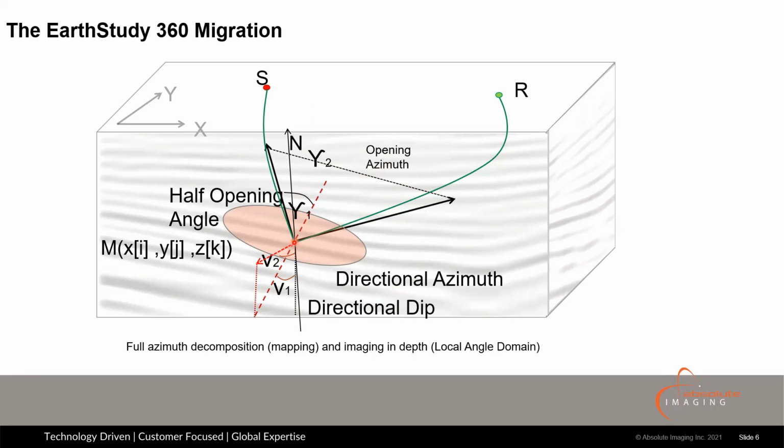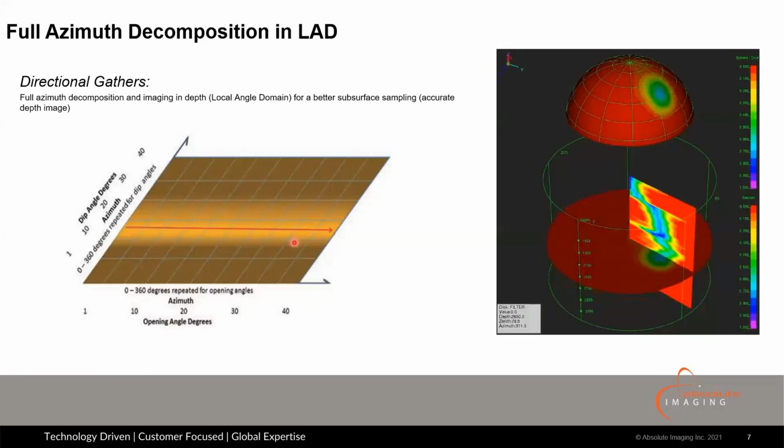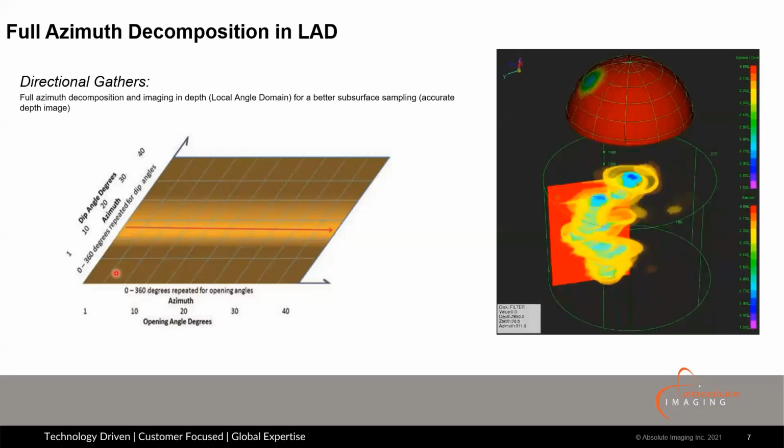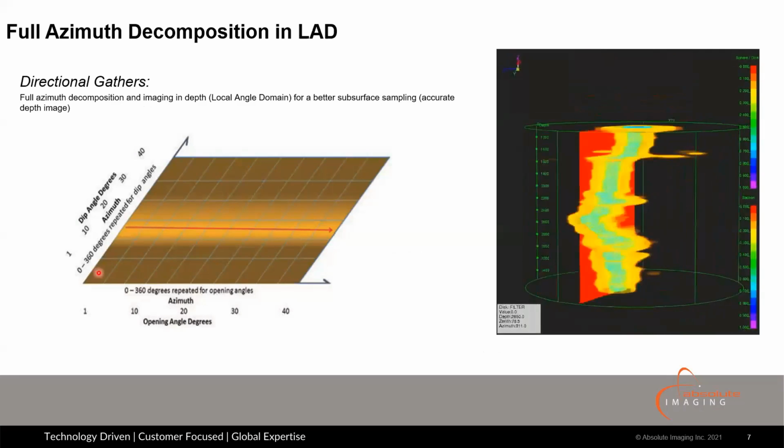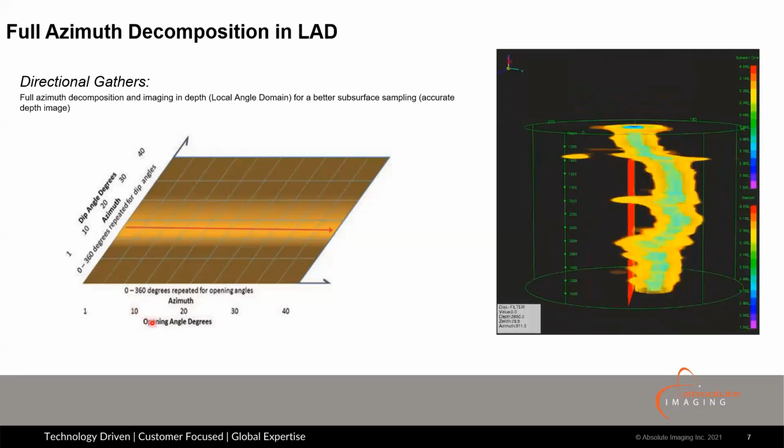subsurface point as well. So once you do this decomposition, you're in that LED table, let's say. We can decompose this in a particular matrix like that, an LED matrix, right?